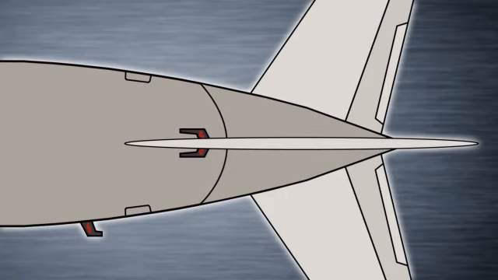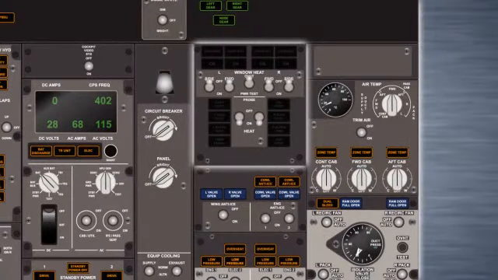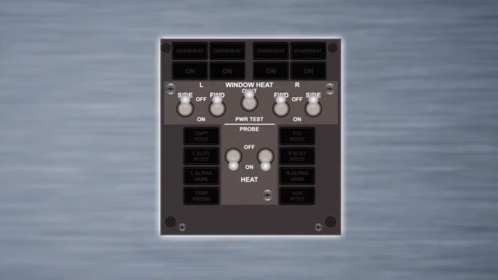There are 2 air data probe heat systems, A and B. Controls and indications are located on the forward overhead panel. There are 2 probe heat switches. With the switches in the on position, power is supplied to heat the related probes. The A system heats the probes on the left side of the aircraft, while the B system heats probes on the right side.